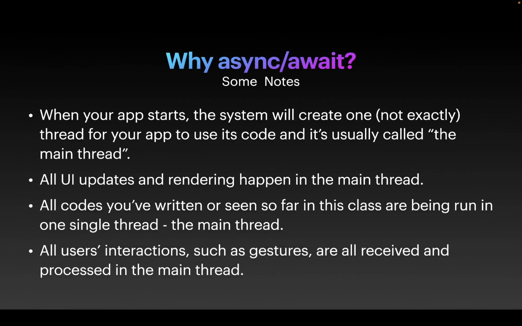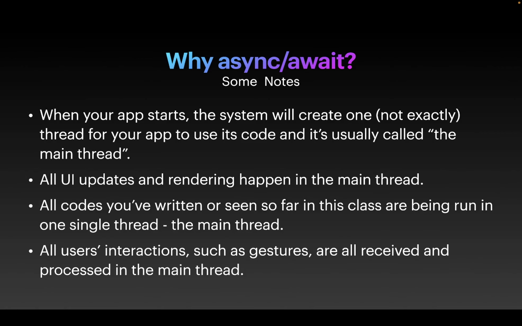Now, before we actually get into async await, there are some notes. First, when your app starts, the system will create one thread. Actually, it's not 100% accurate. The system is actually going to create multiple threads, but for your app, you can only see one thread, which is usually called the main thread.